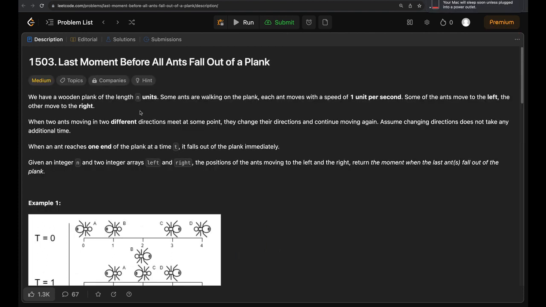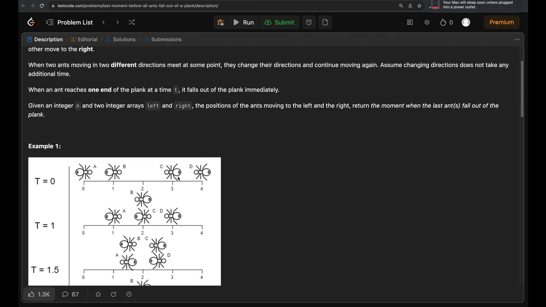So one solution is to keep track of each movement with respect to each ant. Suppose you have four ants over here, take an array of four, indicating every position within the array. Have a second array with the direction.